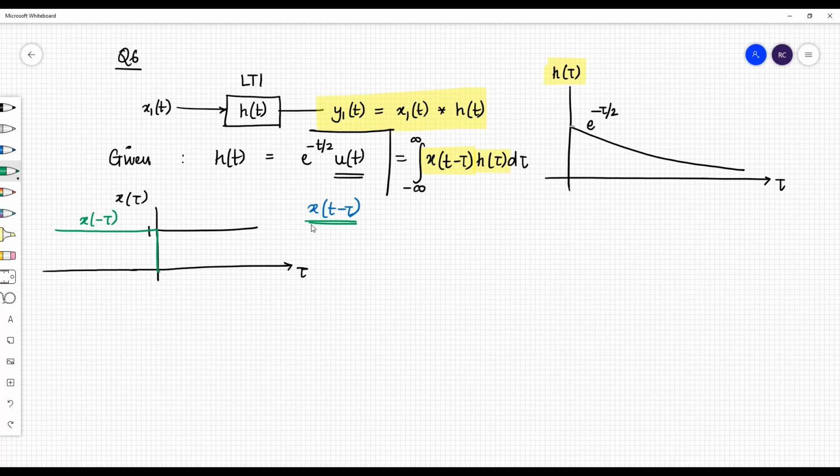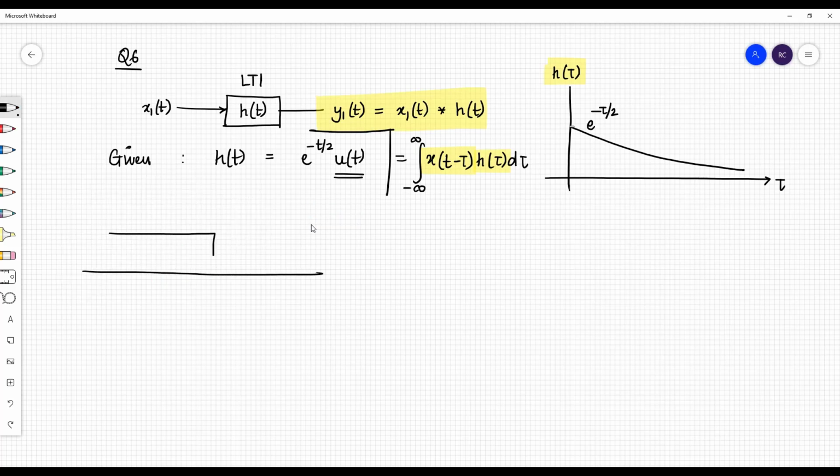We notice that for t equal to 0, this edge is at location 0, which means that in general, if this was at any t, then this function would have been x(t minus tau). So it's very important that we take care of the extremities, and with that we have arrived at the function x(t minus tau). For tau less than t its value is 1, for tau greater than t its value is 0. So this is x(t minus tau).